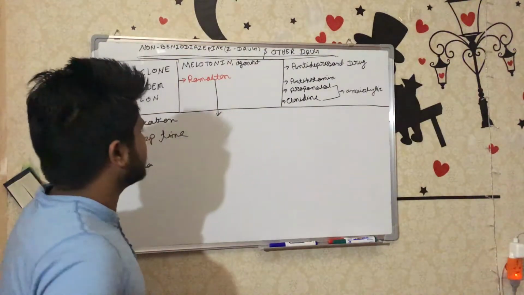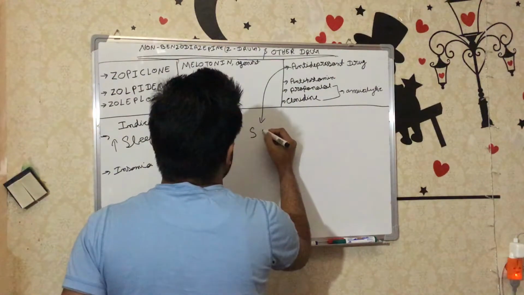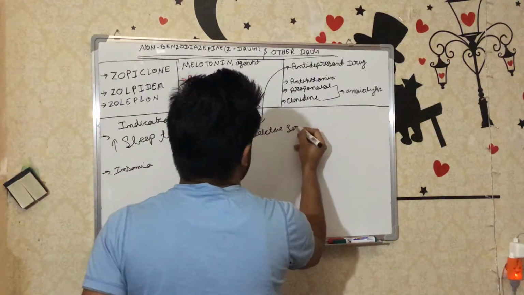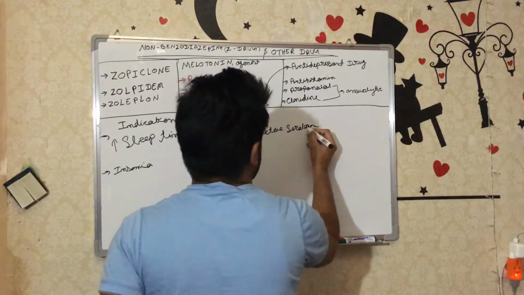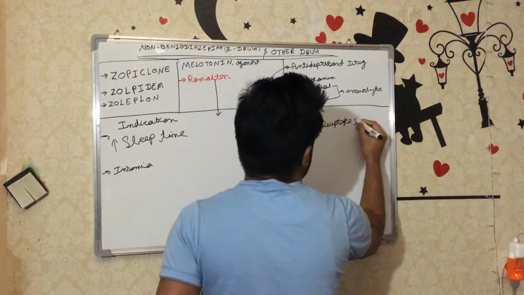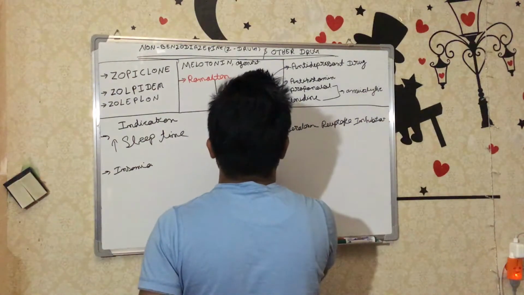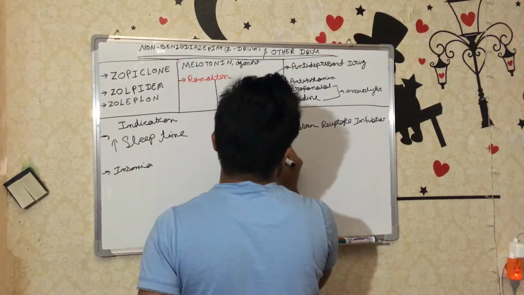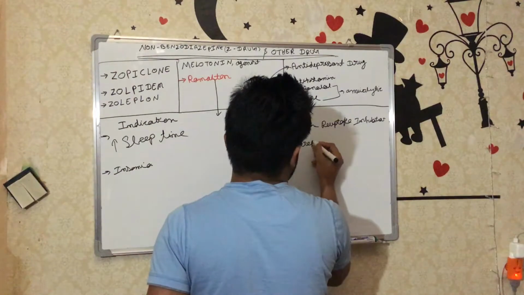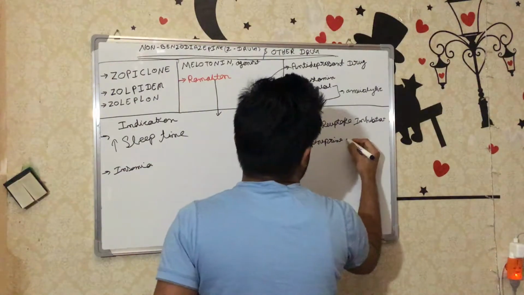So we can use antidepressants: selective serotonin reuptake inhibitors and serotonin norepinephrine reuptake inhibitors.